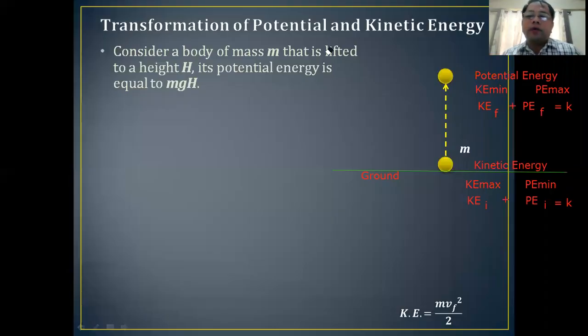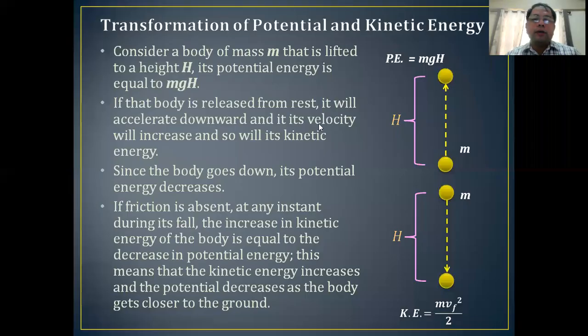So we have a statement for the law of the conservation of energy: that energy is neither created nor destroyed, but it can only be transformed from one form to another. So this is an illustration of that. Here is our illustration for the transformation of energy. Lifting the object gives the object potential energy.